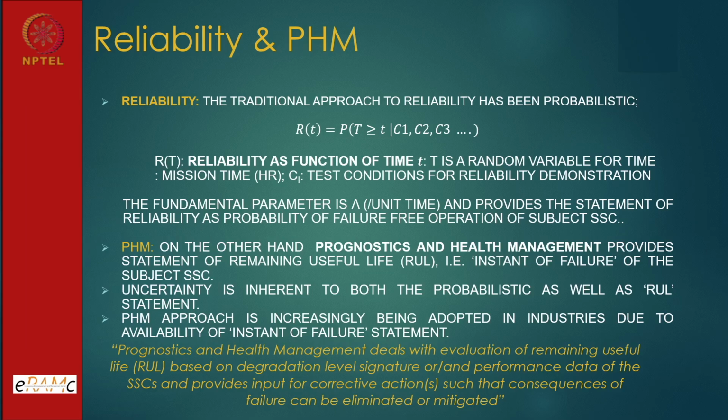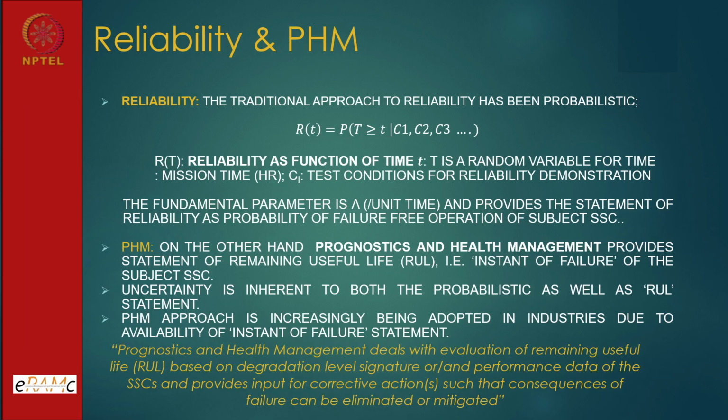Okay. Now, as I told, C1, C2, C3 are conditions. Capital T is a random variable, and small t is the mission time. Okay. I am making a very important point here. The problem with the probabilistic notion, where we say probability of failure, is that even though time is a function, we don't talk about the instant of failure.